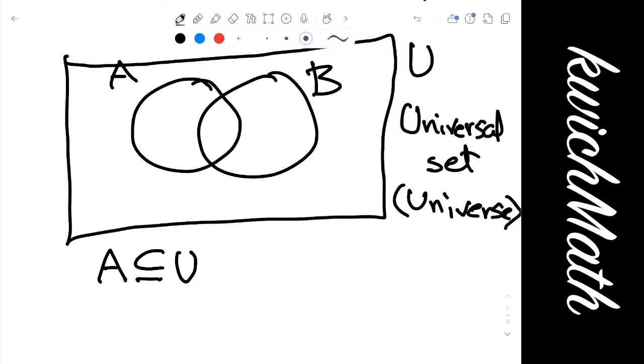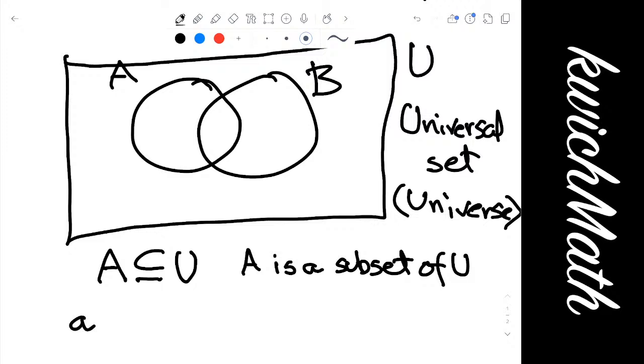So this reads A is a subset of U. Which of course, what this means in more mathematical terms, you can say that if little a is an element in big A, the set, that will imply that a is also an element in the bigger set U.